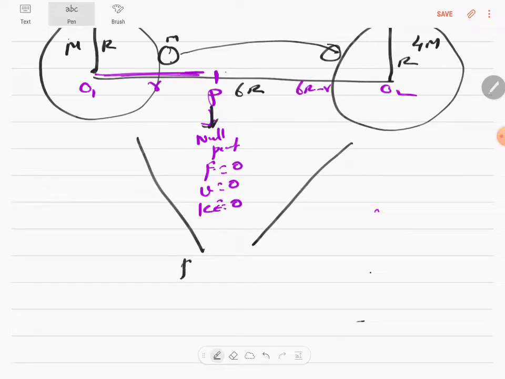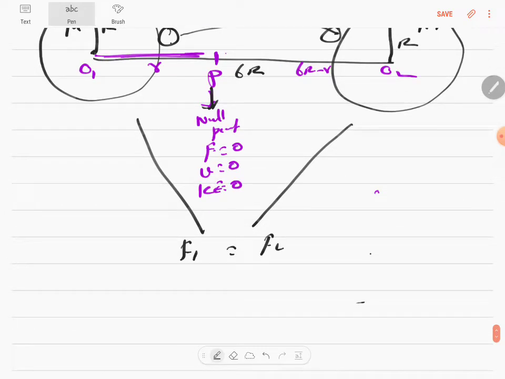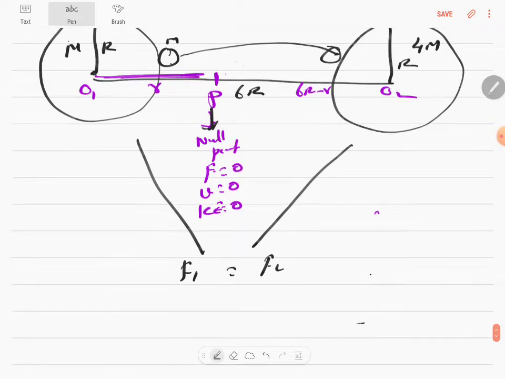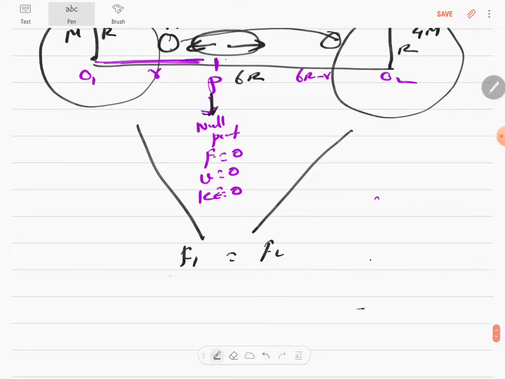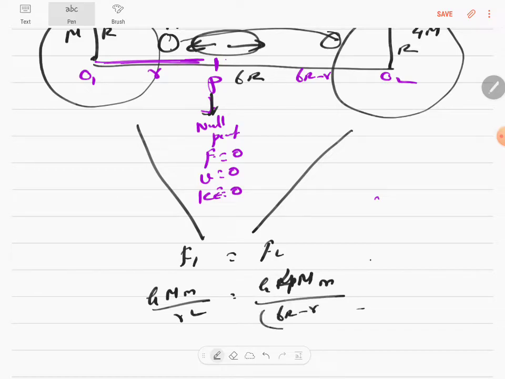So F due to 1 and F due to 2 must be equal and opposite in direction. So it's capital G into capital M by small r square is equal to capital G into capital 4m, the right mass, into small m by 6r minus r the whole square.